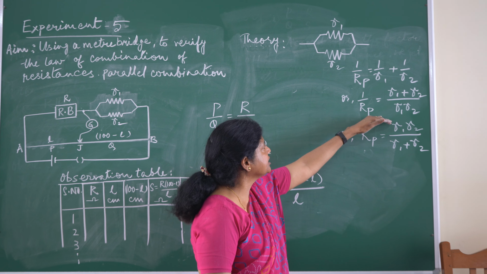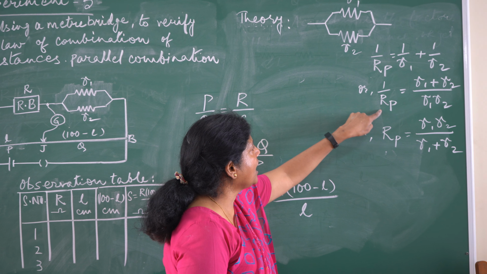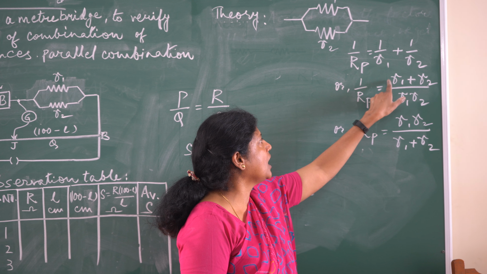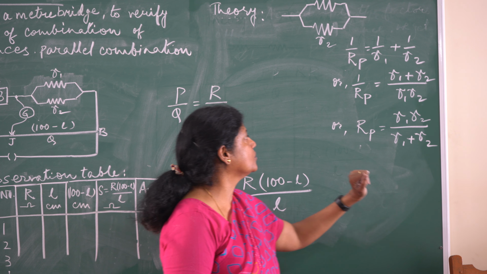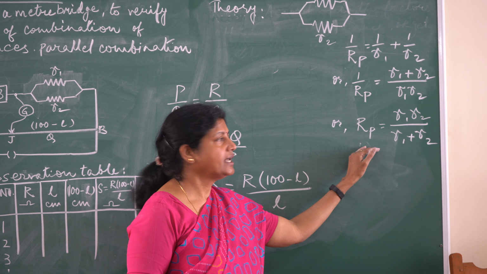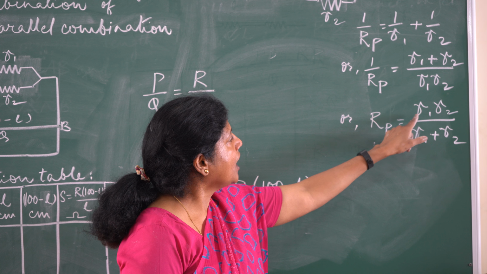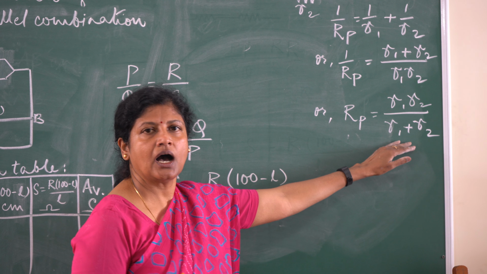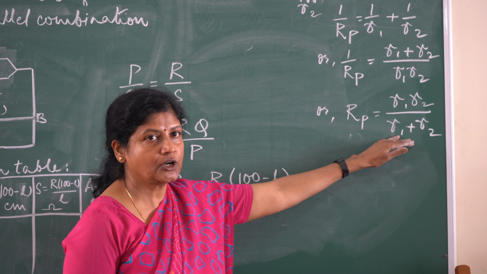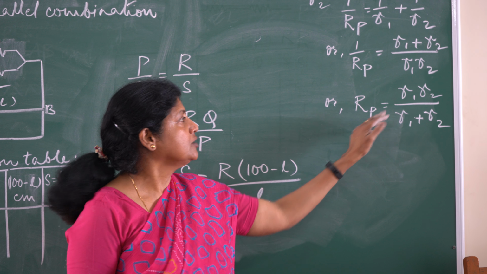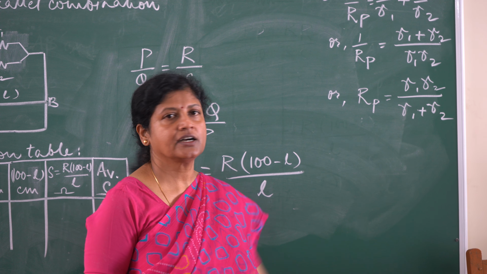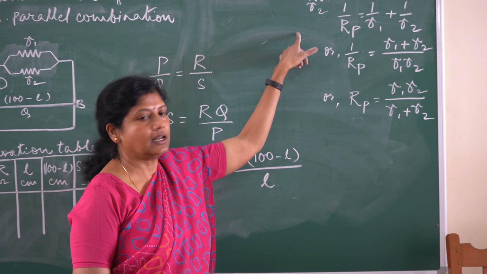After simplification, we get 1 upon Rp is equal to R1 plus R2 divided by R1 into R2, or Rp is equal to R1 R2 upon R1 plus R2. It is the equivalent resistance when 2 resistances are connected in parallel.